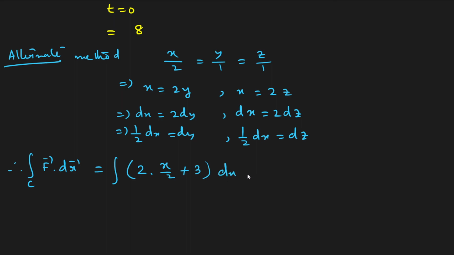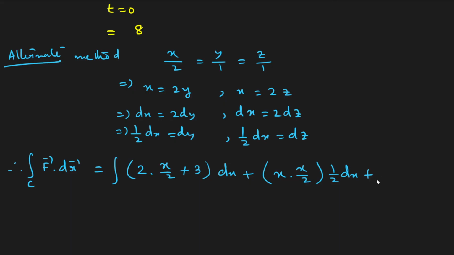So let us write dx as it is. And then the next term is xz. So our x will remain same, and z is how much? x by 2 dy. So see, dy is how much? Half dx.